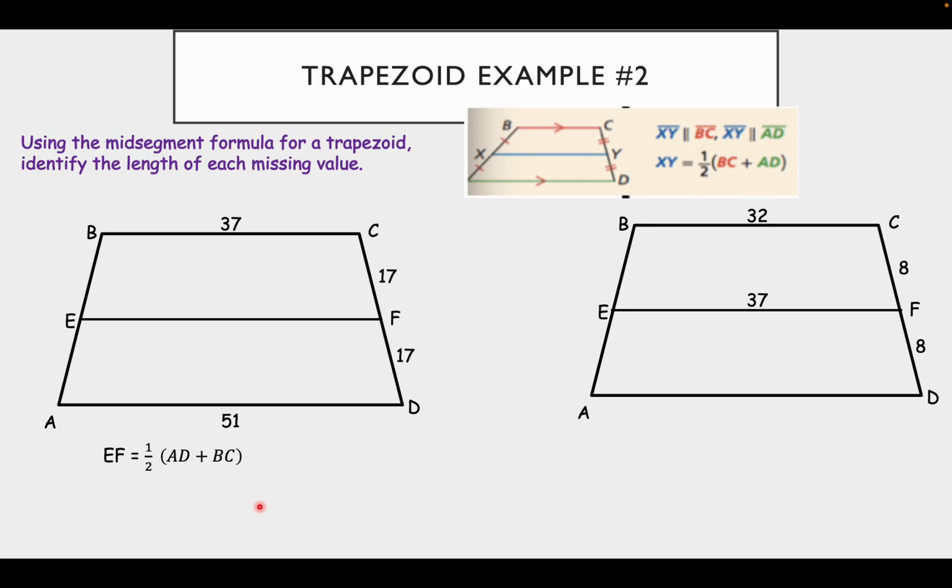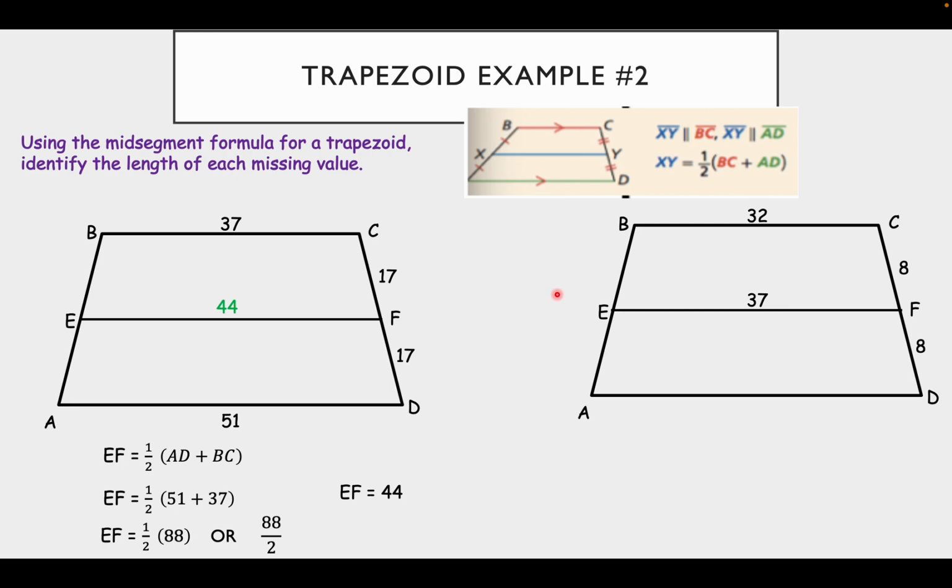So if we use our formula, EF, midsegment, equals 1/2 times AD plus BC, and I replace those values, 51 for AD, 37 for BC, we're left with EF. To figure out this length, it's going to be 1/2 times 51 plus 37, which equals 1/2 times 88, or you could think of it as 88 divided by 2. Either way, EF is going to equal 44.